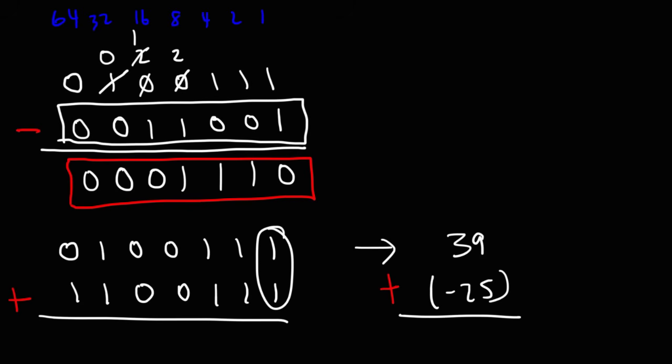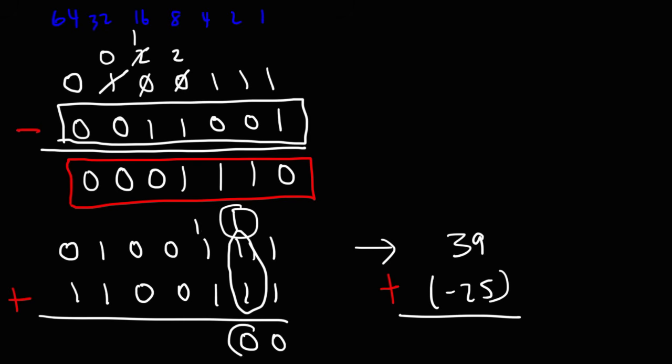So 1 plus 1, that's going to be 0, carry over the 1. Now this part here, 1 plus 1, that is 0, carry over the 1. But when you add this 1 and this 0, that becomes a 1. Now we're going to do the same thing here. 1 plus 1 is 0, carry over the 1, and then 1 plus this 0 is 1.